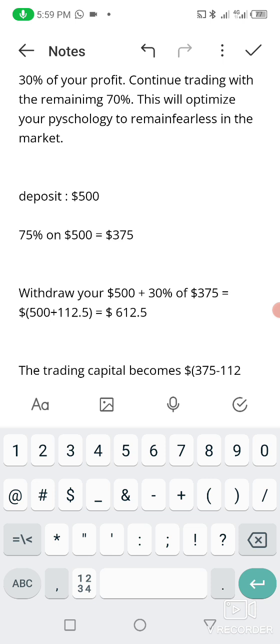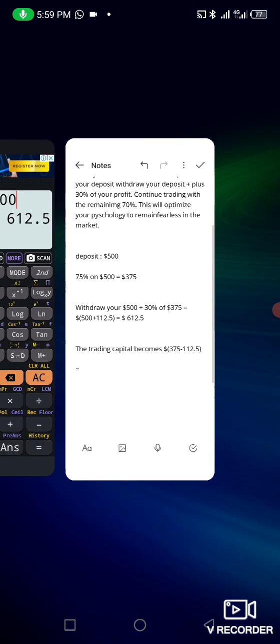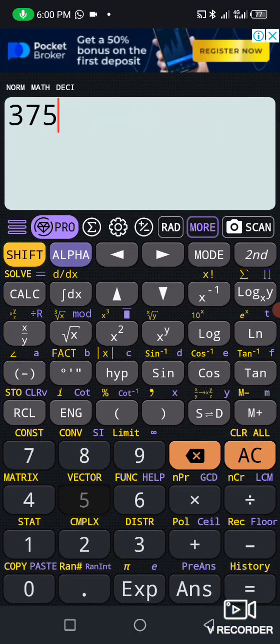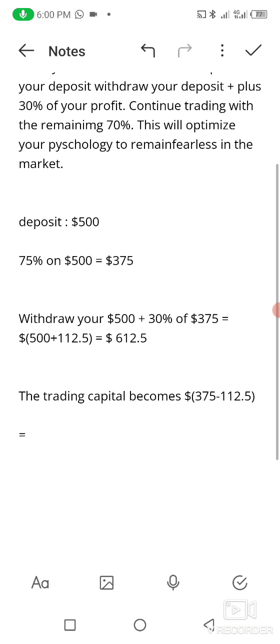So we have 375 minus 112.5, that is 262.5.